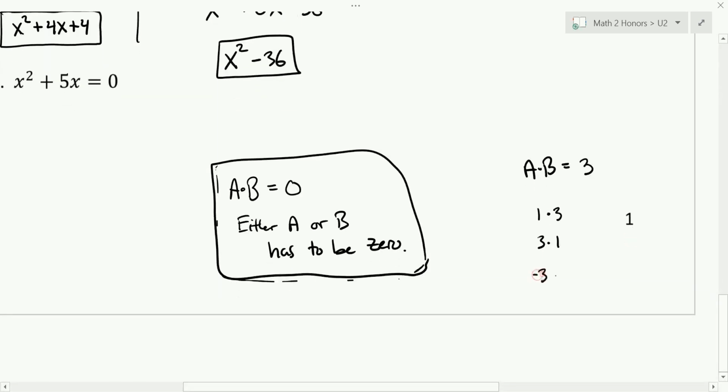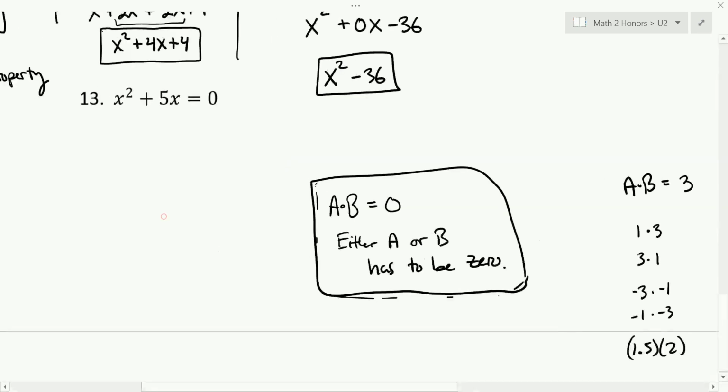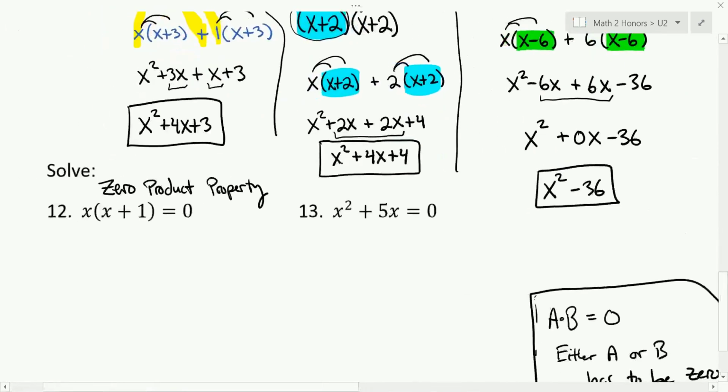Okay, -3 and -1, or -1 and -3. Can anybody give me another option? 1.5 times 2. You see what's happening here? Once you bring in decimals and fractions, there's an infinite number of possibilities once you use a number other than 0. But 0 is the only thing that has that property. And for us, if we're going to use this property, guess what the equation has to be equal to? 0. Because if the equation is not equal to 0, we can't use that property.